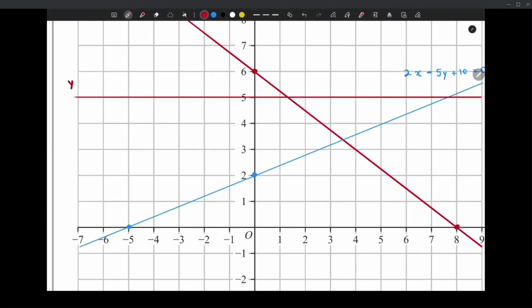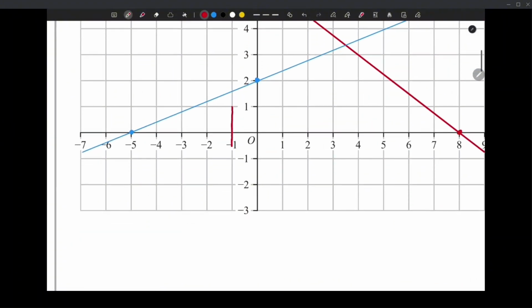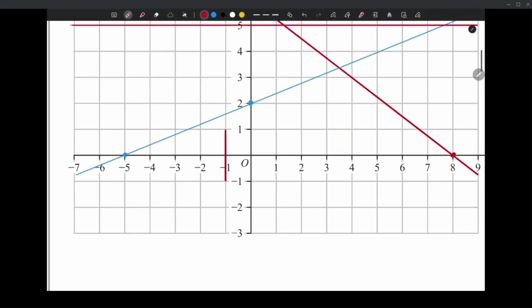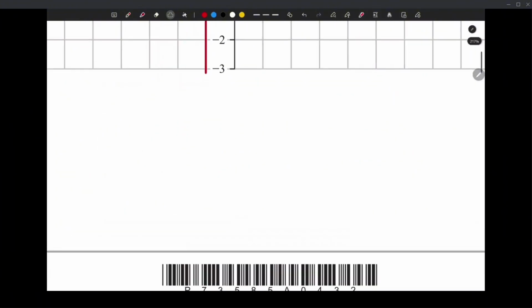So this is y equals 5. And the other one is x equals negative 1. So you also need to label this x equals negative 1.